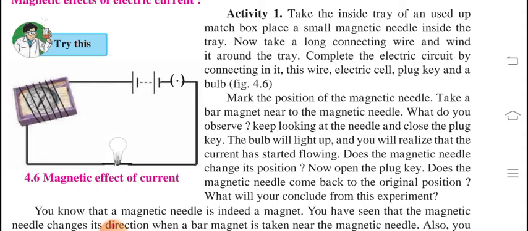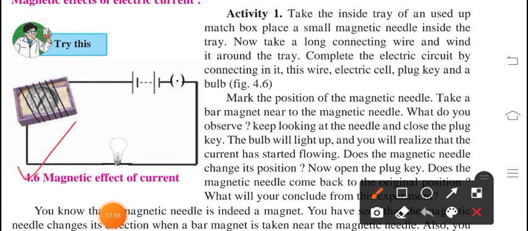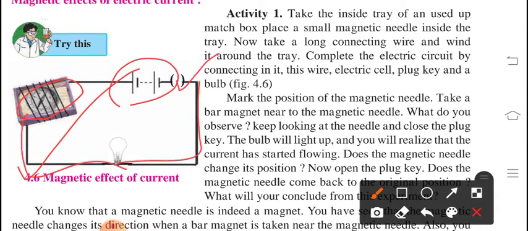Complete the electric circuit by connecting this wire, electric cell, plug key and bulb. Here you can observe the diagram for the same. The needle is given over there, the wire is wound around it, and this is your battery or cell, we can say, the plug key, and this is the bulb.